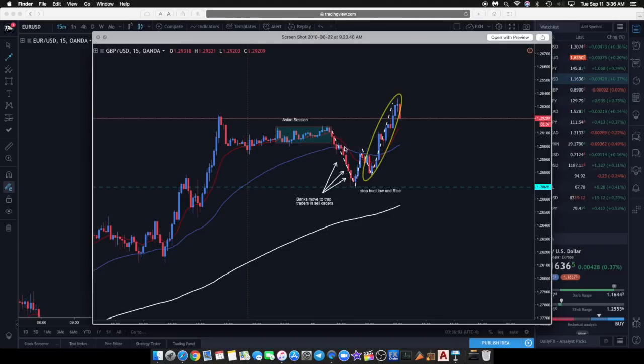Okay, so this is something that you'll see: you see how many times they try to go low, and that's just because they do this typically when they don't have the amount of orders that they want. So they want to entice as many traders as possible to go short on this.